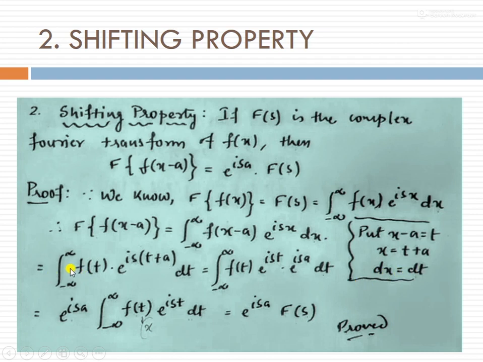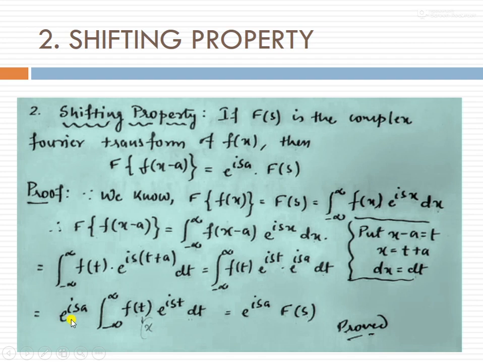So the equation becomes the integral from minus infinity to plus infinity of f(t) e^(is(t plus a)) dt. We know that a^m times a^n equals a^(m plus n). So e^(is(t plus a)) can be written as e^(ist) times e^(isa). By taking e^(isa) outside, we get e^(isa) times the integral from minus infinity to plus infinity of f(t) e^(ist) dt.